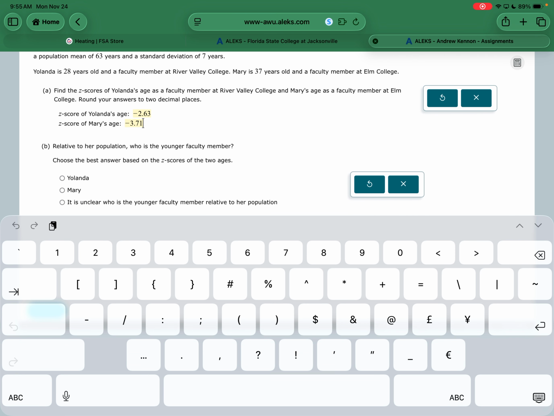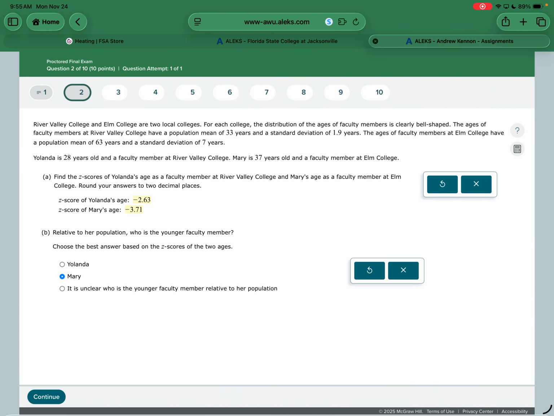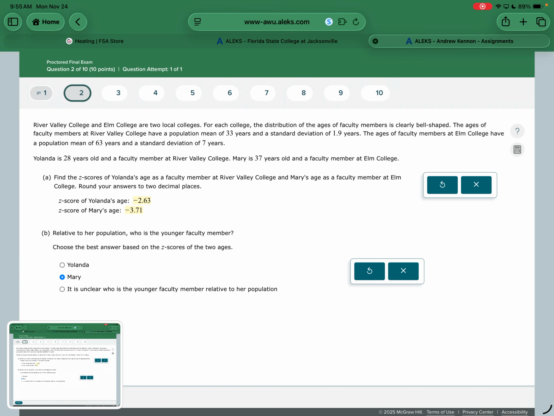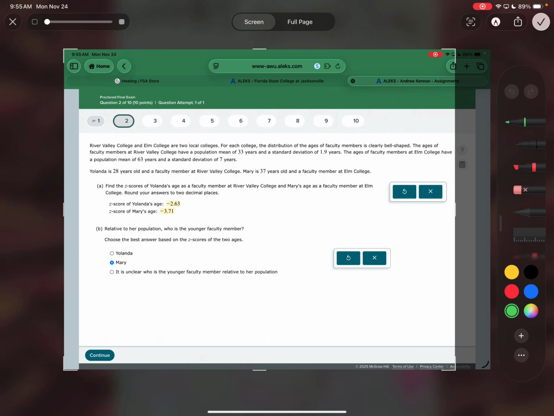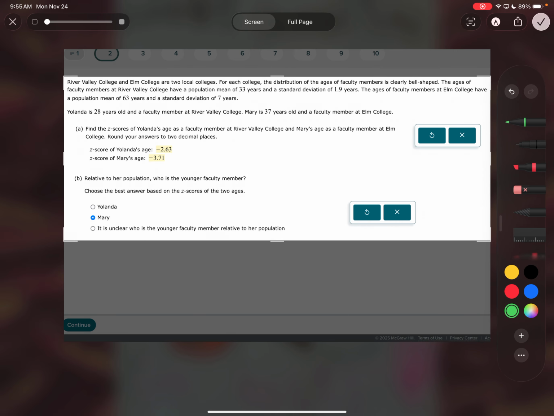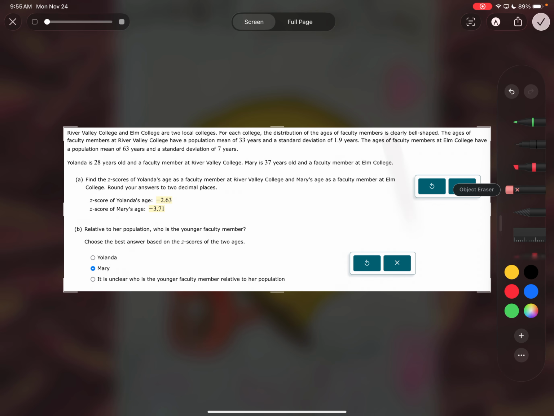So relative to our population, who is the younger faculty member? Younger would be less than the average, so Mary is younger on that one. Now, what I want to say here real quick is you can only compare z-scores if it is clearly bell-shaped. So that's why they say that.